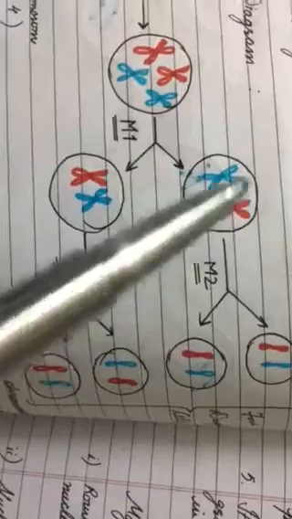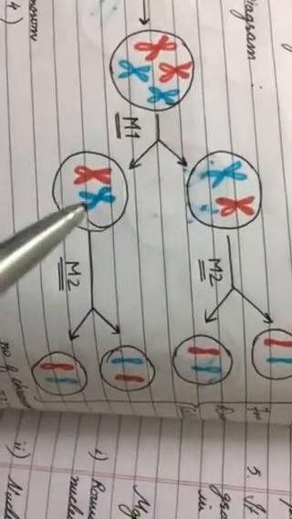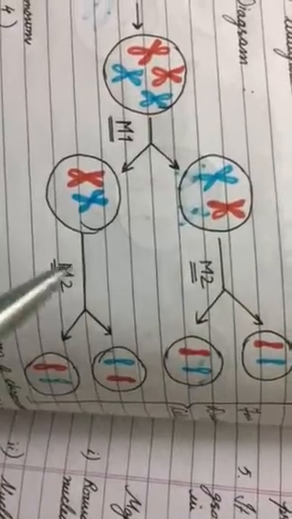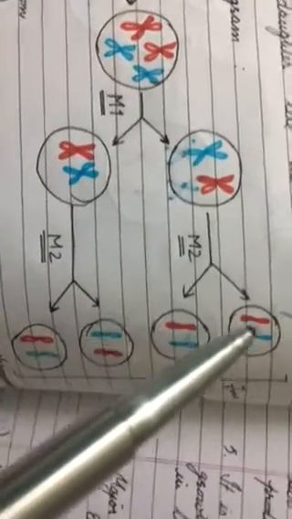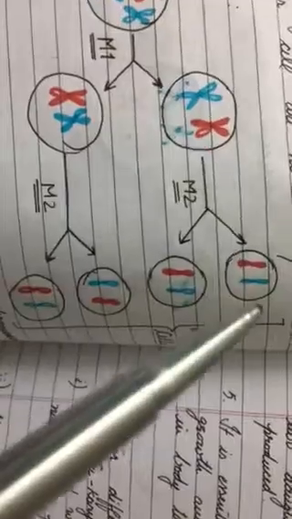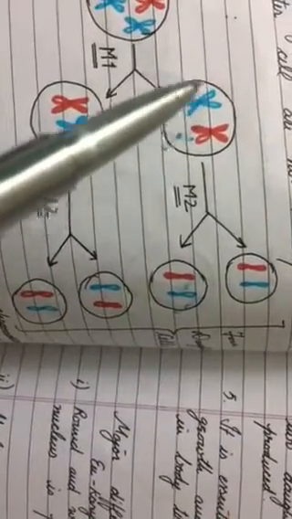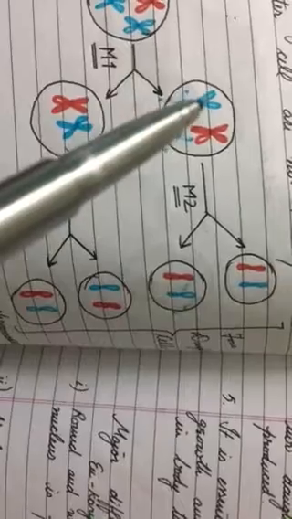Look at this. Each daughter cell after the first meiotic division undergoes a cell division where 4 different daughter cells are produced with only one part of the chromosome. Okay, is it understood? Very good.